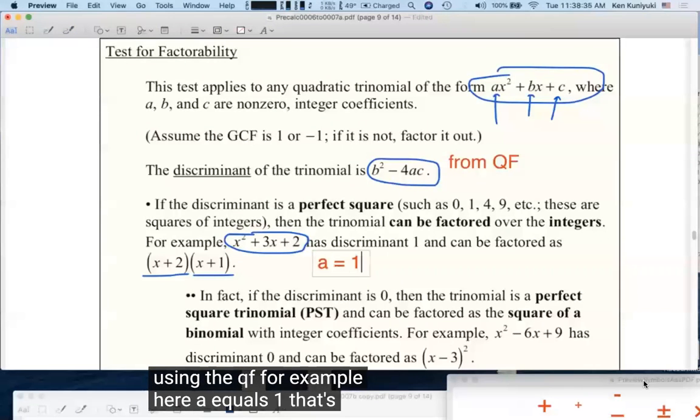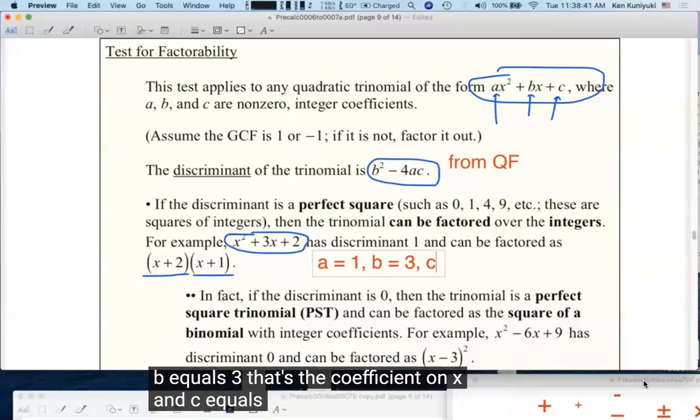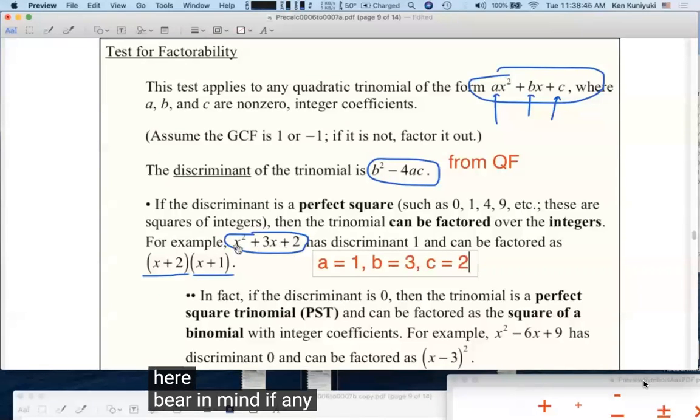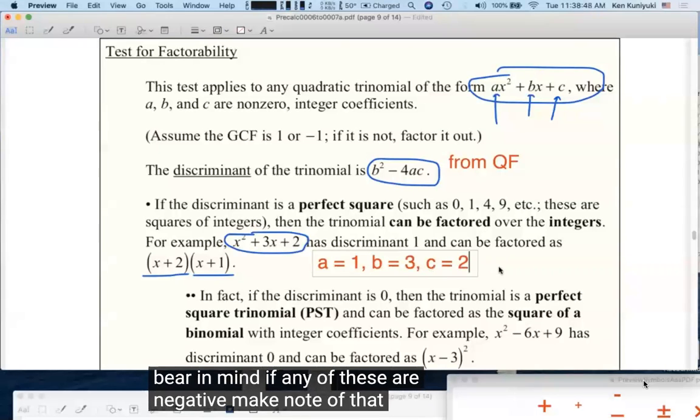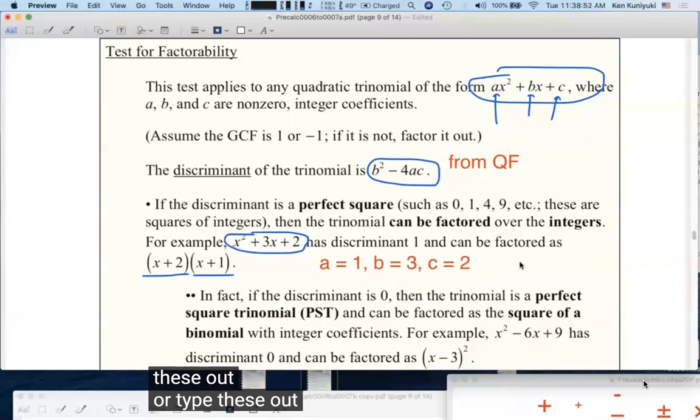Here, a equals 1, that's the leading coefficient. b equals 3, that's the coefficient on x. And c equals 2, that's the constant term here. Bear in mind, if any of these are negative, make note of that. That's one reason why it's good to write these out or type these out.